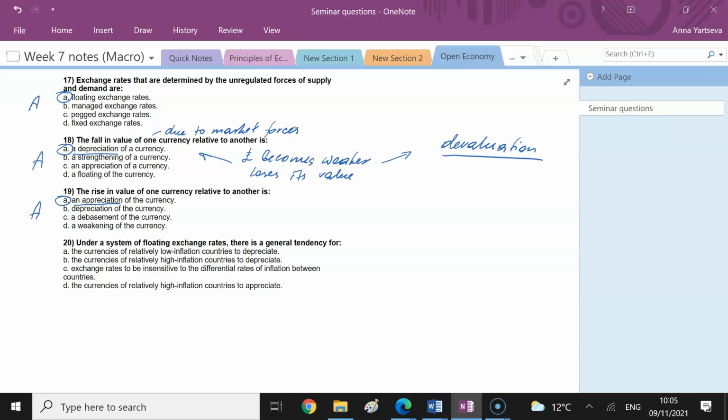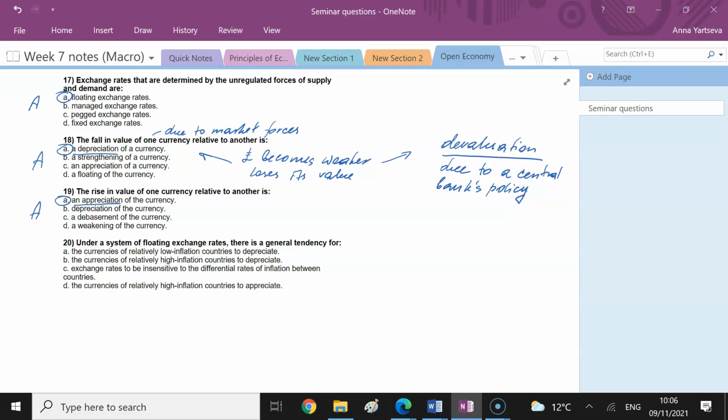Devaluation is a situation when the pound loses its value due to deliberate policy by the central bank. Central banks frequently try to affect the exchange rates of domestic currencies by intervening in foreign exchange markets, by buying and selling their reserves, buying and selling other currencies, and so on. And these interventions can lead to changes in exchange rates, right?